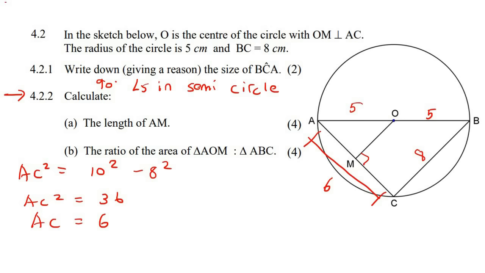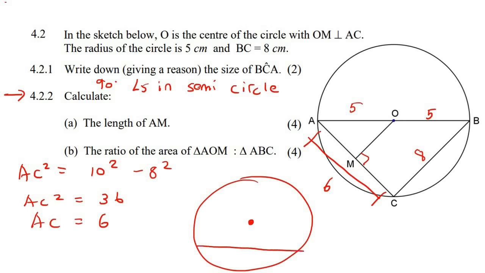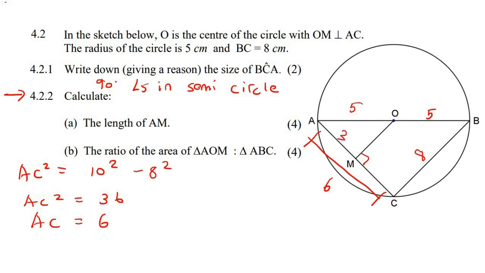Now, the beginning of grade 11 circle geometry, we learn that if you have a circle, and you have a center, and you have a chord, and you have a line from the center perpendicular to the chord, then it means that this length is the same as this length, because it cuts it exactly in half. That then means that this length here would be 3.